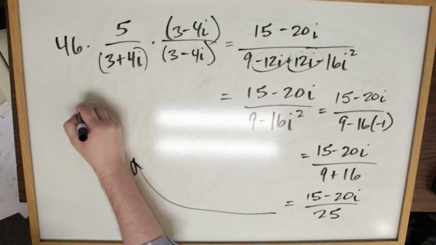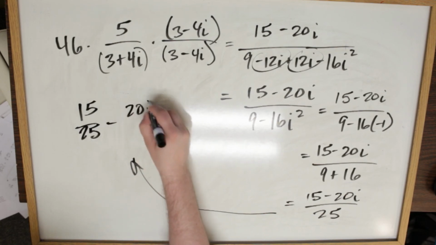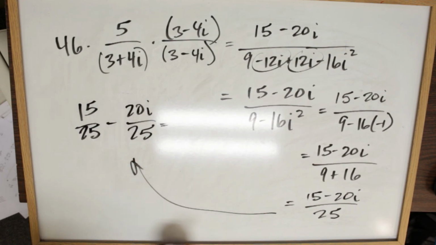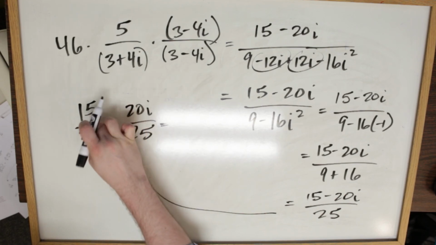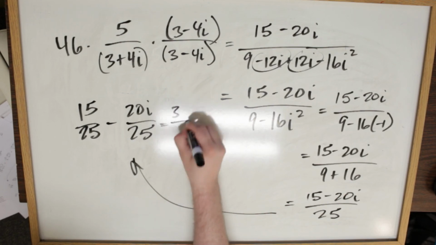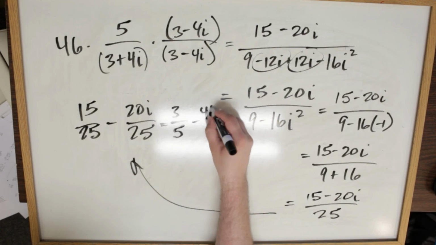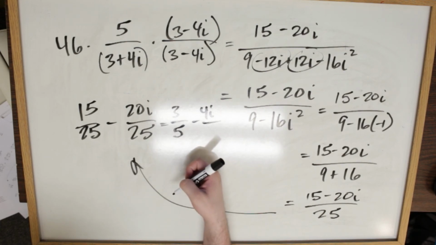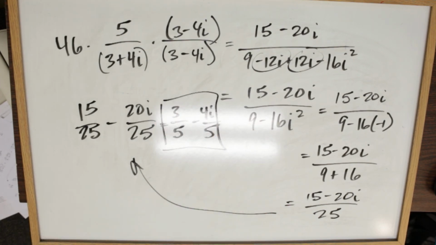We can do 15 over 25 minus 20i over 25. 5 goes into 15 3 times, and 5 goes into 25 5 times. 5 goes into 20 4 times, and 25 5 times. So technically this is the final answer. I'm sitting right on that light, so if you can't read it, it's 3/5 minus 4i over 5.